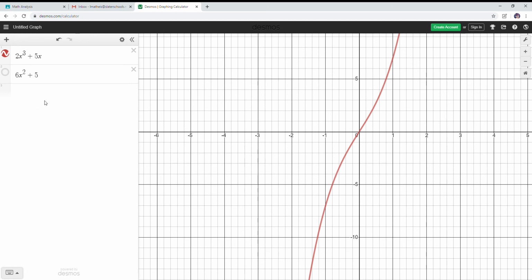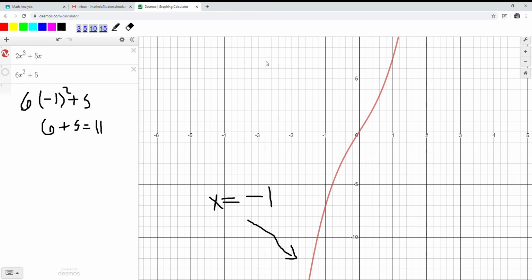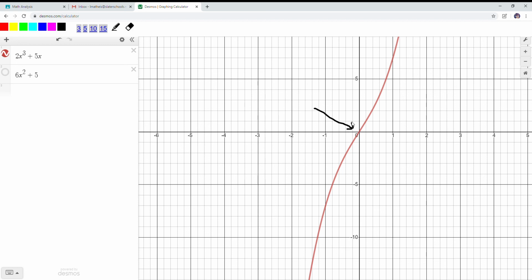So I'm going to go ahead and work out the math on this one. If our x value is 0, then when we plug this into the equation, 6 times 0 squared plus 5.